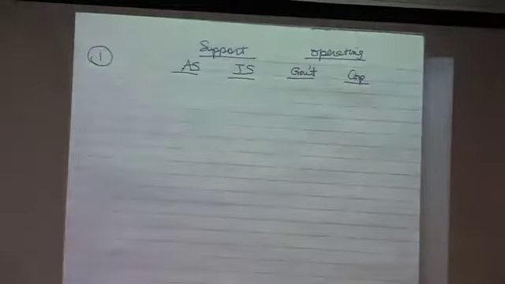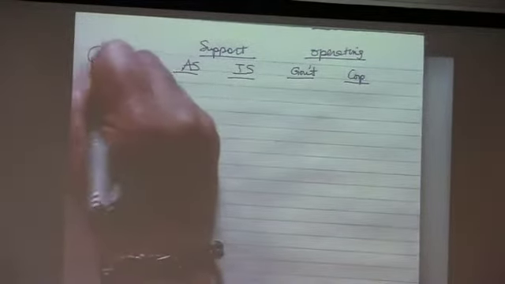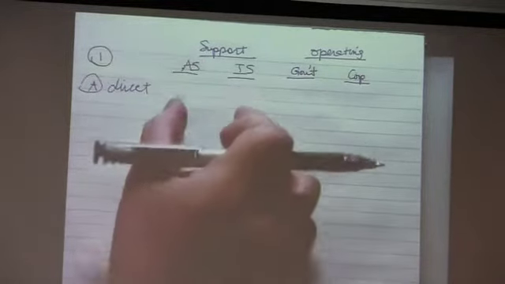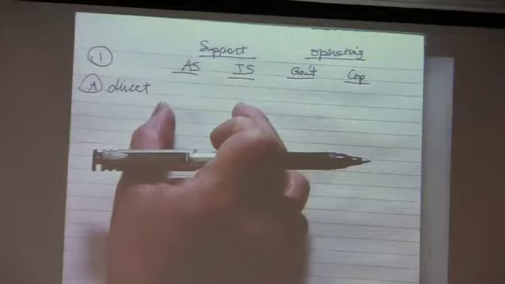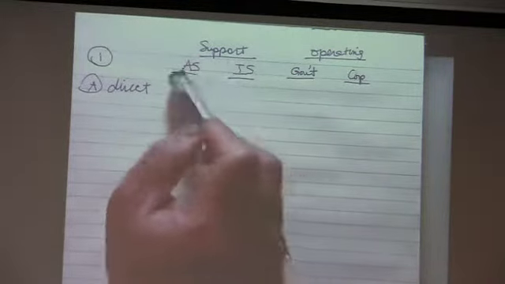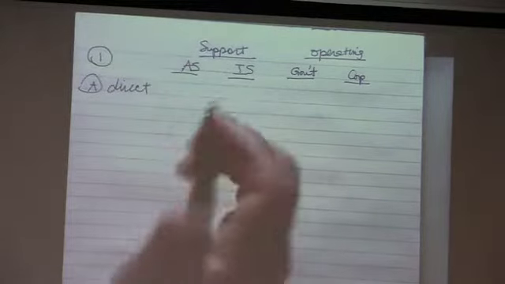Now, when we're dealing with the direct method, we're going to ignore the cost associated with the support work for each other within the support department. So we're going to ignore that completely.